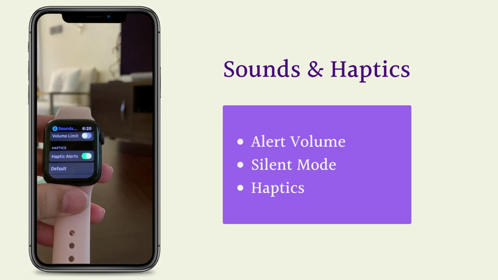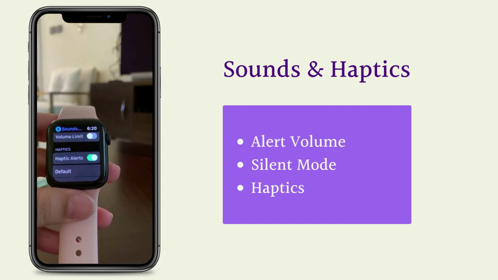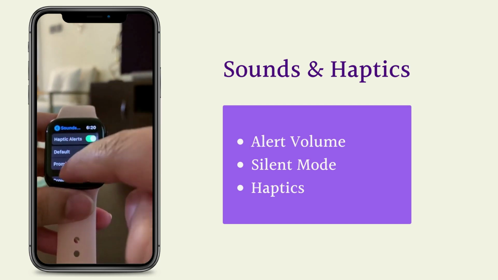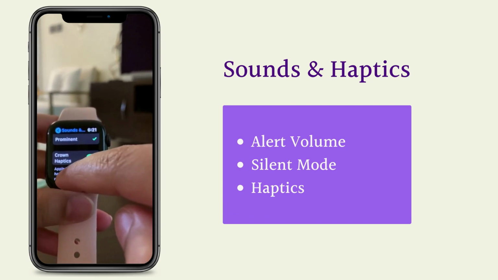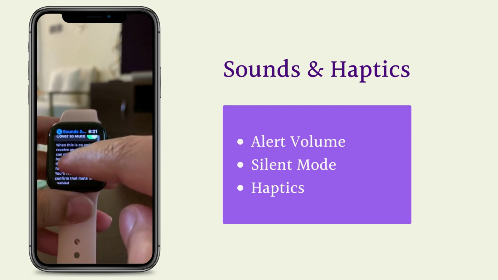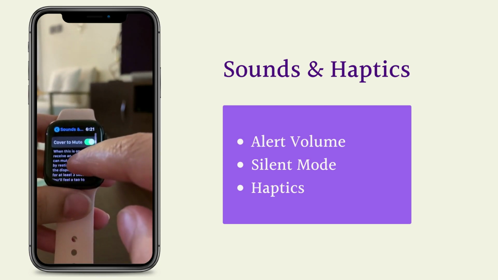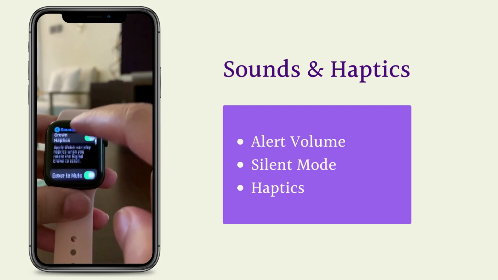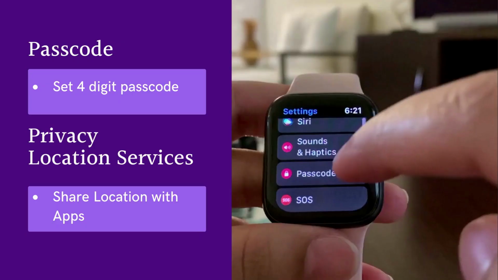You can try this and you can see if you like it or not. And then you will go down. You can set it to default or to prominent, and then you will go down, cover to mute. Then this I actually explained you earlier. And then we will go out of sounds and haptics.